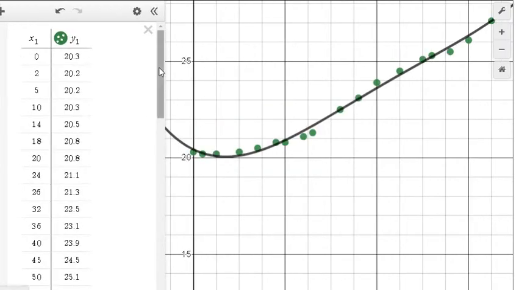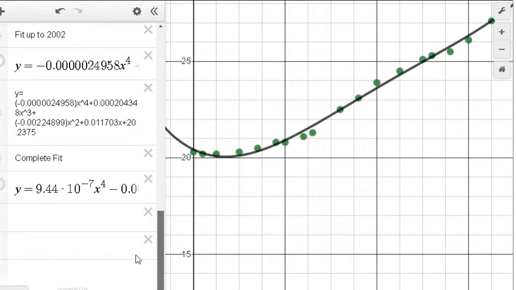Let's take a look here. Got the model down at the bottom for us, and it's kind of ugly. I won't lie to you. It's right here. We'll do y equals 9.44 times 10 to the negative 7th.